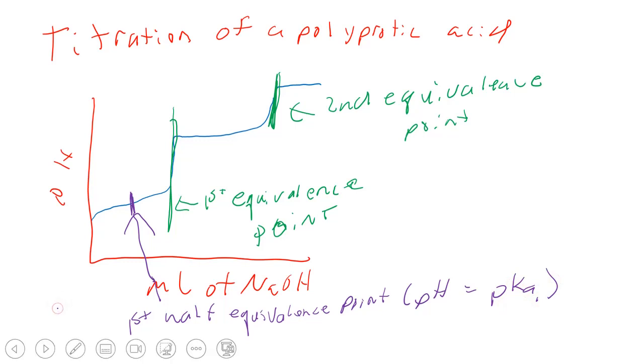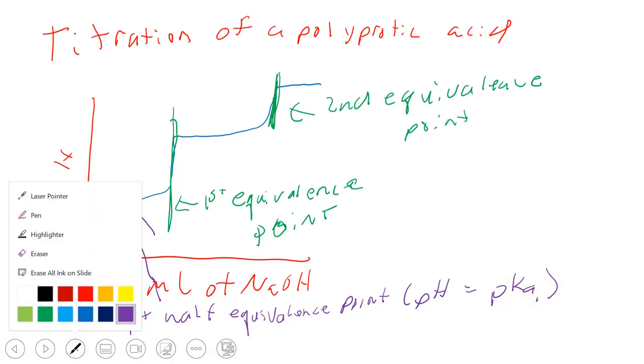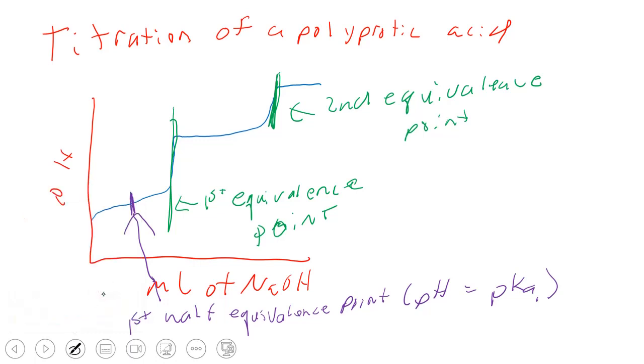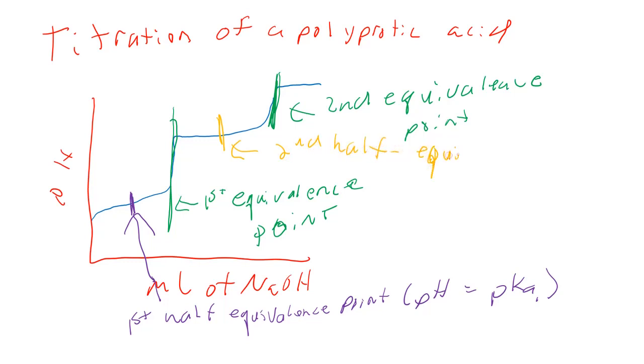Then you're going to have a second half equivalence point on your way to the second equivalence point. About halfway to your second equivalence point, you have your second half equivalence point, and at that point, pH is equal to pKa2.